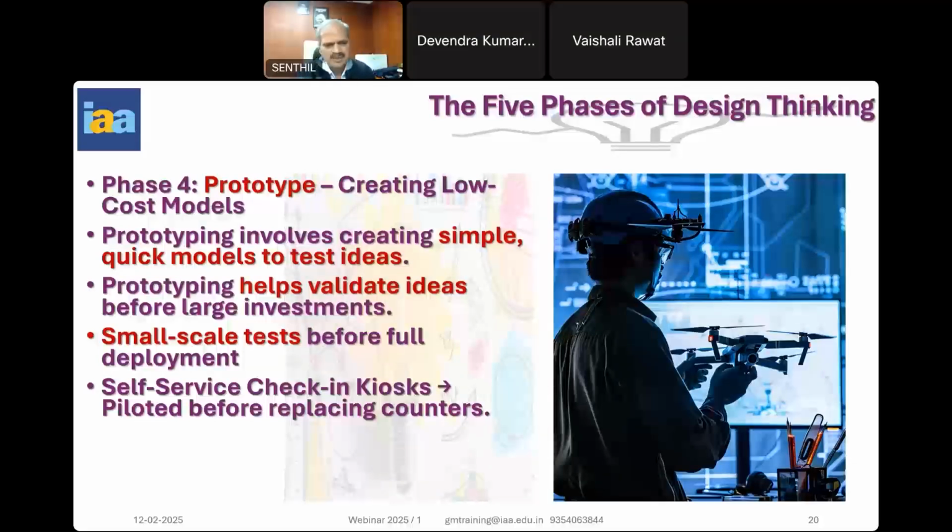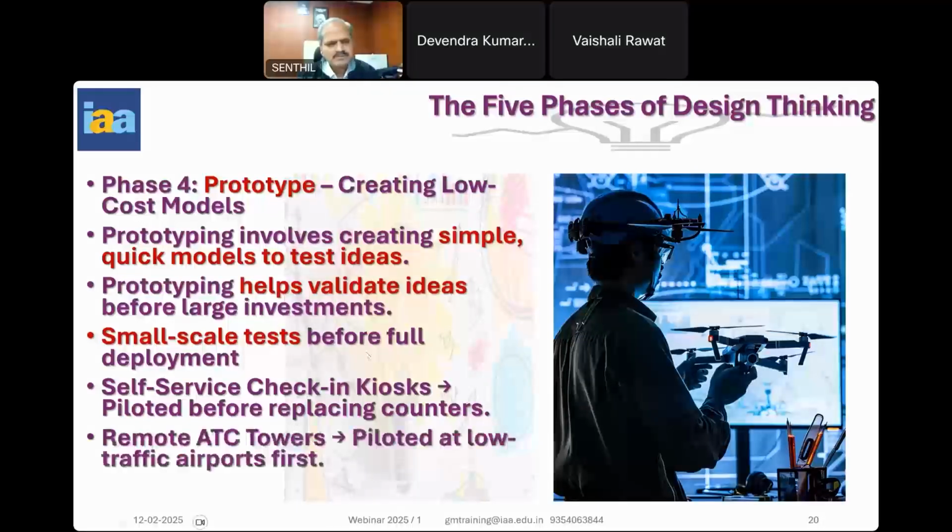We are keeping both in a hybrid manner. Initially some airports kept some 4-5 counters. They put some people also to guide people. Then later they increased the number of counters, but the guiding people were reduced. So like this, gradually you can make it. Then it will be perfectly successful.